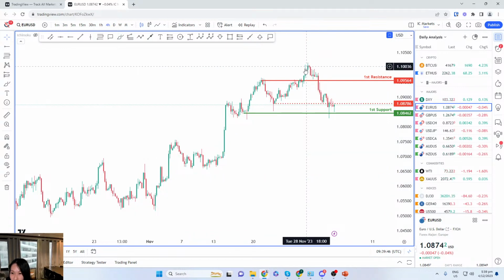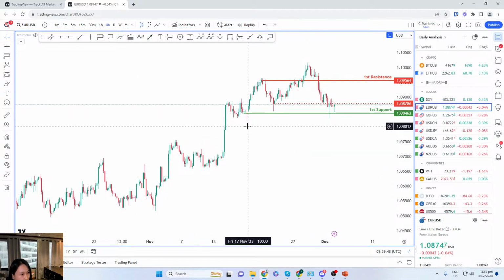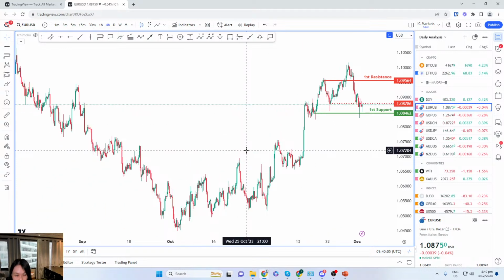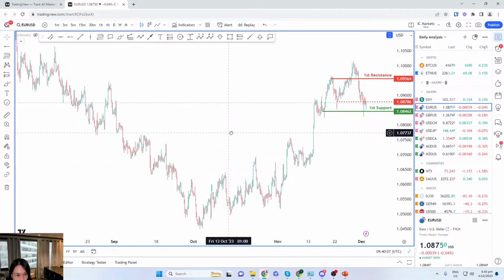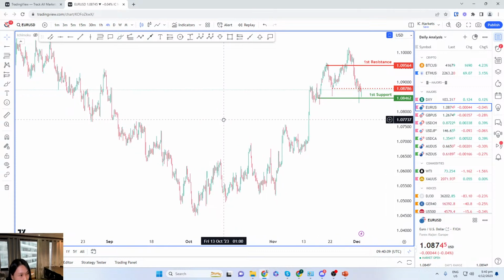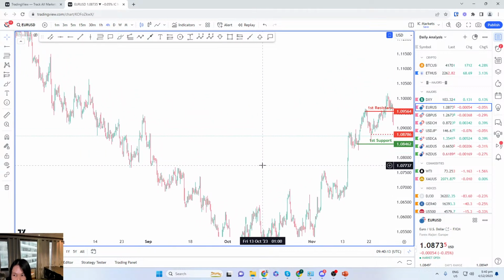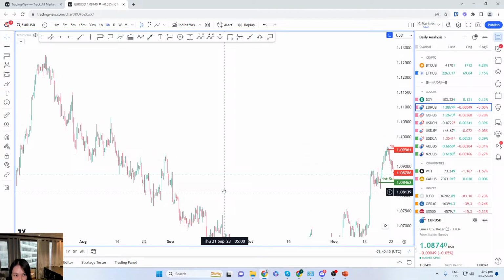Let's try to identify the second support level. Let's bring the chart a little smaller, so it'll be easier for me to draw the support because it goes back pretty far.